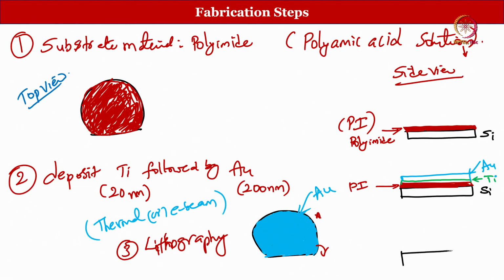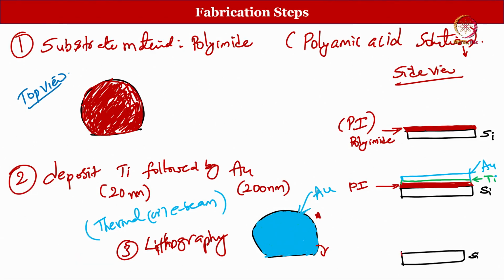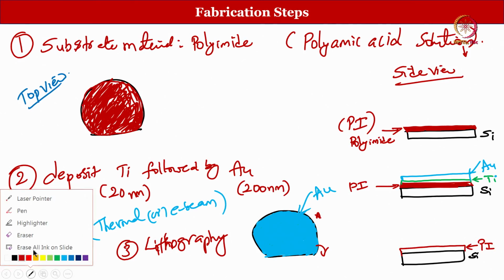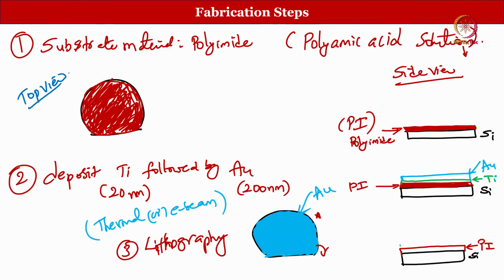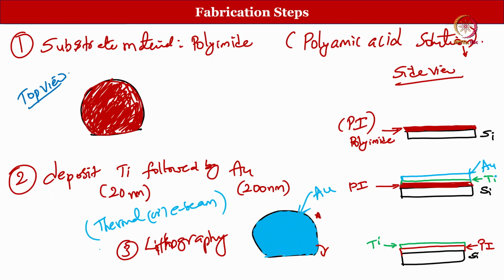Now, what will happen is this. Silicon, then you have Pi, this is Pi, polyamic acid, then what? Then Ti, then gold, right.